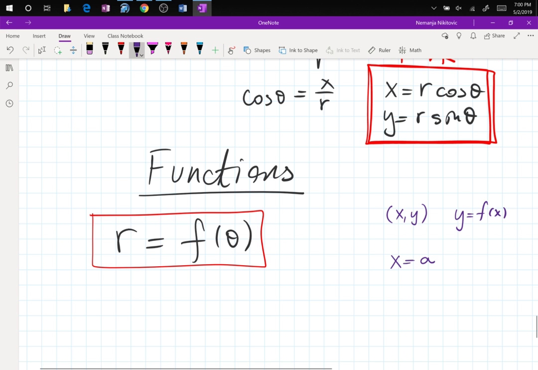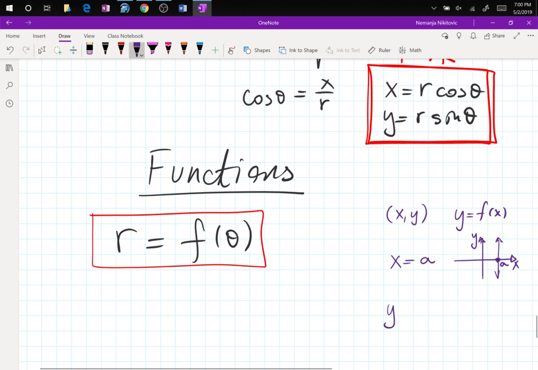So y can take on any value. X is fixed to be a. What do we get? Vertical line at a. So the basic function in your rectangular, when x is equal to a, is just a vertical line through a.